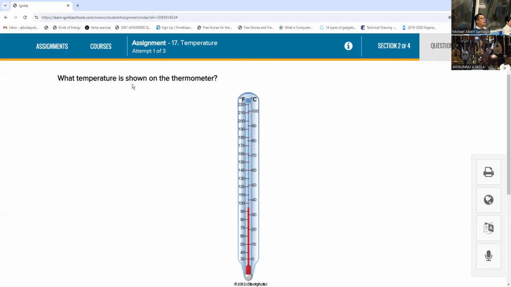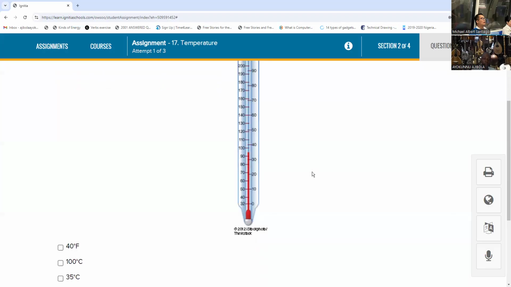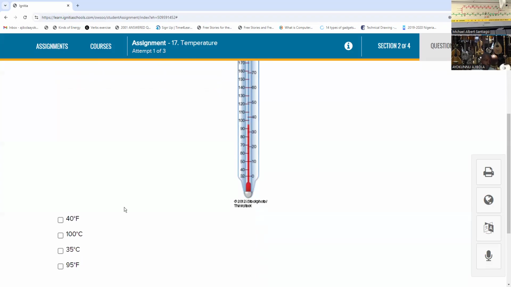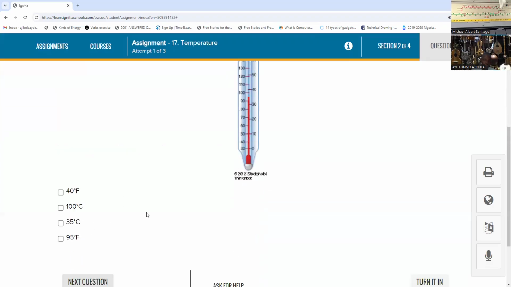What temperature is shown in the thermometer? This is above 90 Fahrenheit, and it is below 40, it's above 30 Celsius. So if we say 40 Fahrenheit, that's wrong.